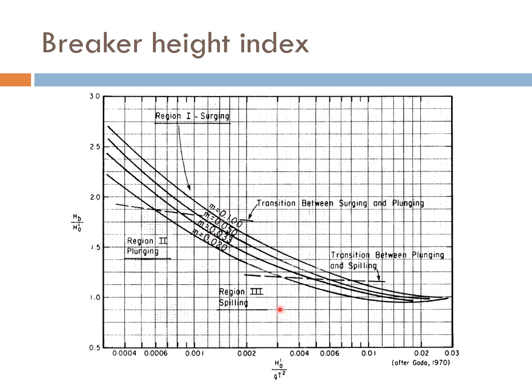So from here we go to the curve depending on the beach slope, and we go across, we read the Hb over H0 prime. You notice that in this chart it has been demarcated for different beach slopes, from the lowest slope here 0.002 up to 0.1, and you notice that in this region the breaker type is the spilling type, this region is the plunging type, this region is the surging type.